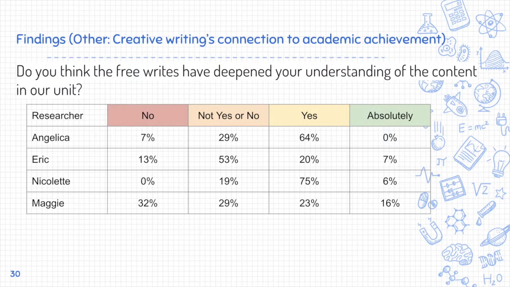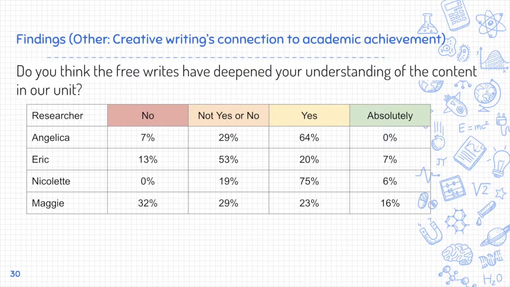So moving on to the other section, this is pertaining to creative writing's connection to academic achievement. We have all of our researchers' responses here. As you can see, our trends were that these responses were extremely similar to the engagement ones from the post-survey responses from our students.